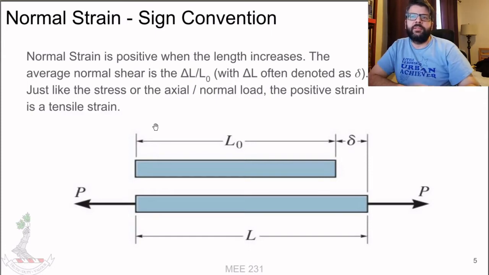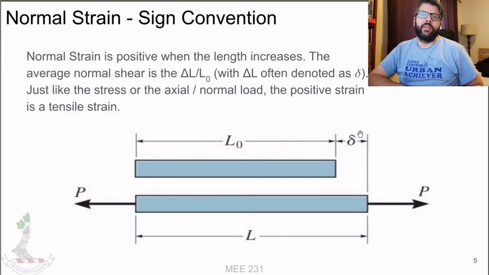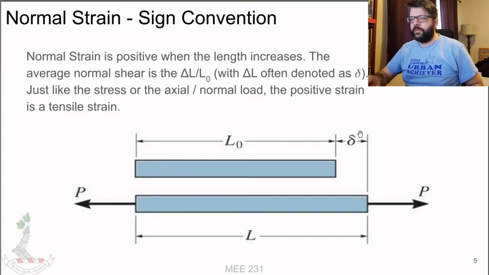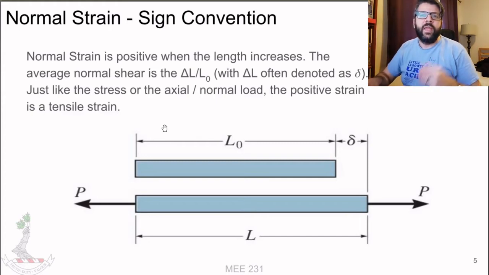We get this increase in length. So delta L, or just small delta, is sometimes used to denote that, and then that divided by the original length is what we use to determine our average strain in that specimen.